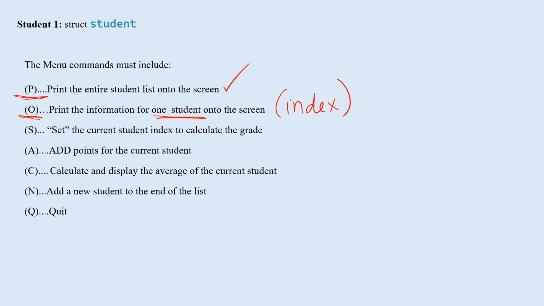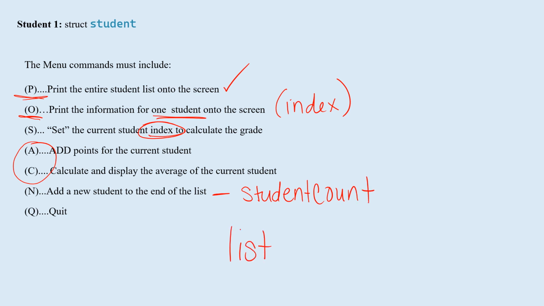Then if you want to add points or calculate, you're going to have to pick the index of the student that you want to do that for. And then when you want to add a new student, that's going to take into account your student count, because that's going to be the next empty one. The next empty student is going to be your list at index student count. So we will do this in the compiler.